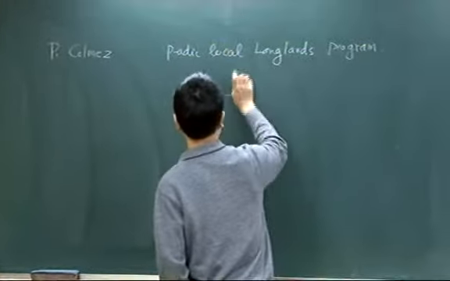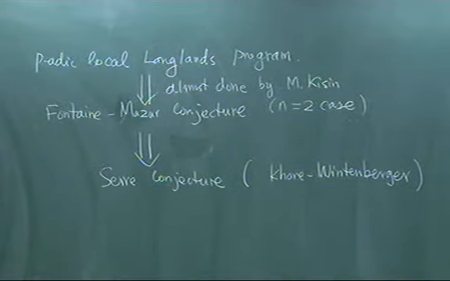Certainly, the order is not like this, right? We all know this is done by Khare and Wintenberger. So this is already done, but this result of Kisin relies on Colmez's results. So Colmez had to finish this before they can claim they finished this proof of Fontaine-Mazur.